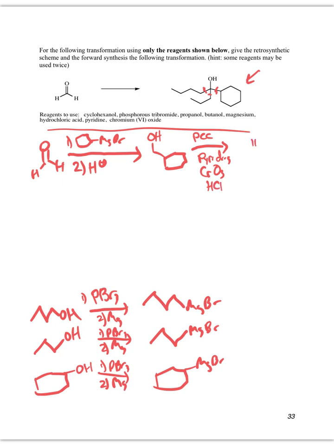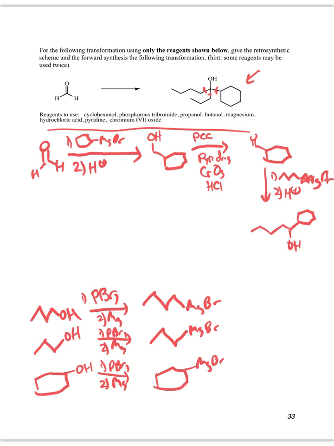That gives us the aldehyde now, so we're back to a carbonyl. Then we can add another Grignard to that. Another Grignard, MgBr, followed by acid. And that's going to give us now the secondary alcohol.